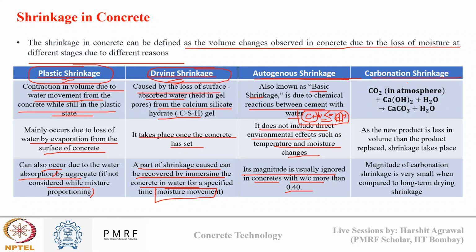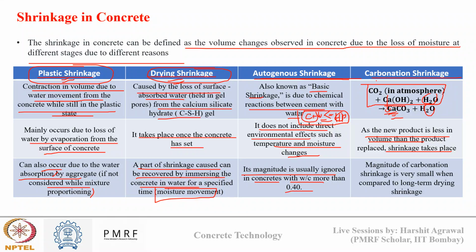And finally, we have carbonation shrinkage. When CO2 from the atmosphere reacts with calcium hydroxide, it forms CaCO3, and this also uses some water and releases some water. Now this conversion of Ca(OH)2 to CaCO3 results in a decrease in volume, and this decrease in volume can bring shrinkage.